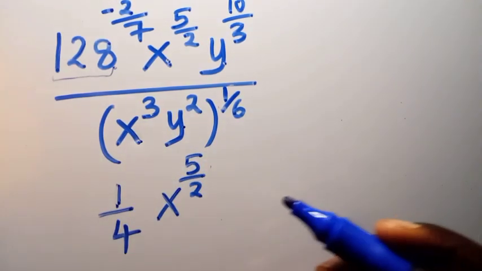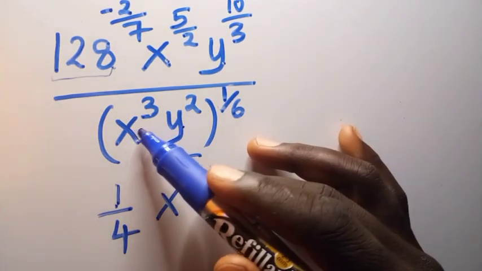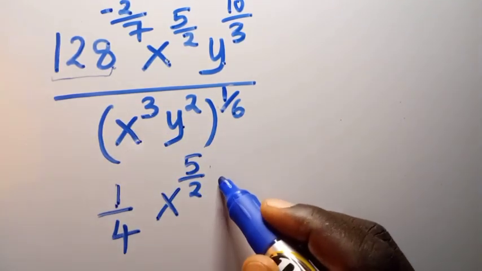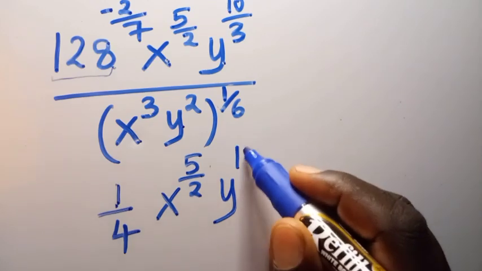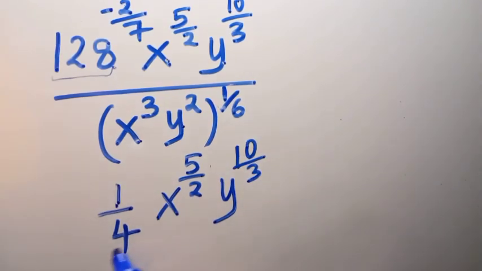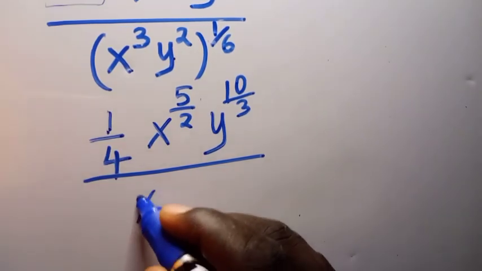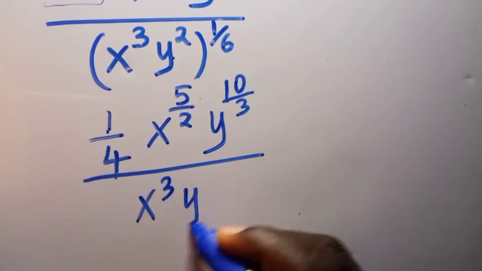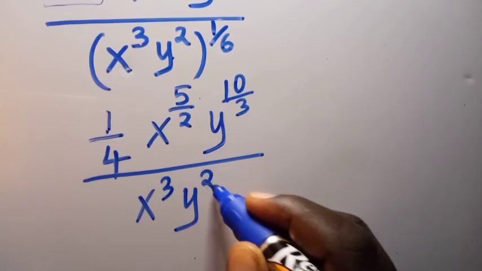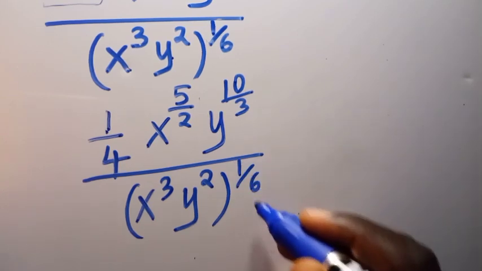So let me first have y raised to 10 over 3, all over x cubed, then y raised to 2, then close the bracket, raised to 1 over 6.